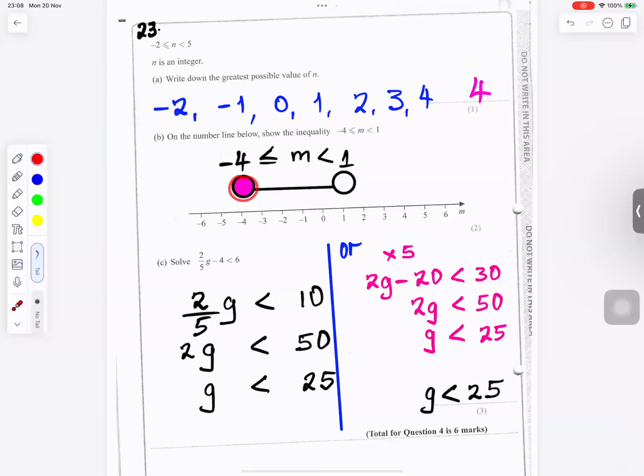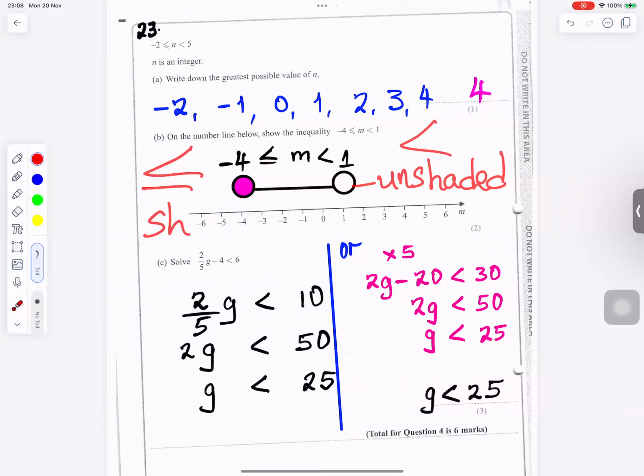We draw a circle and we shade it because that sign is less than or equal to. We end at 1 and we do not shade it, unshaded, because the sign is just less than. So when you have less than or equal to, you shade, and when the sign is just less than, you don't shade it.